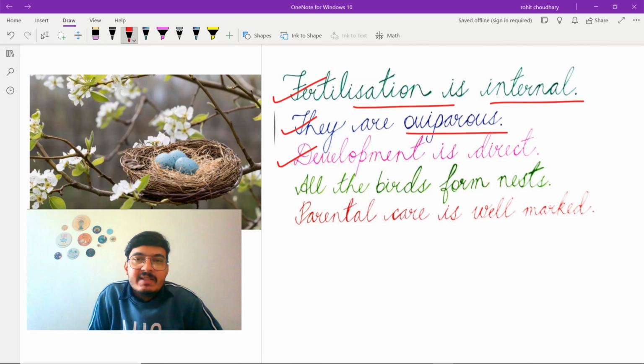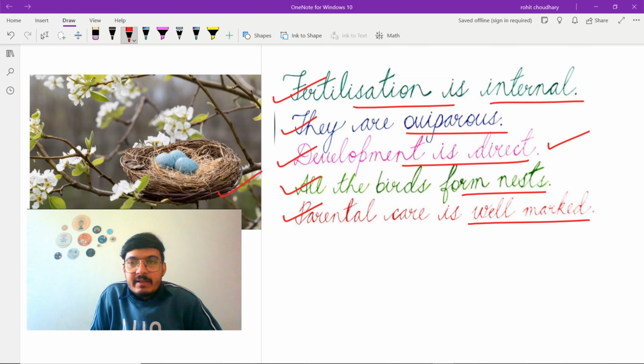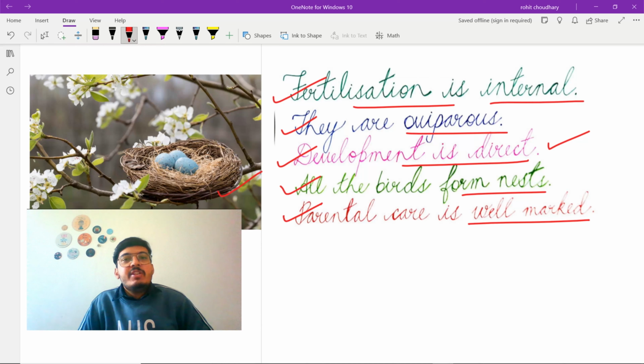The next feature is that development is direct, as there are no larval stages involved. All birds form nests. Parental care is well marked. Some interesting behaviors are found in them, such as nest building, parental care, courtship, and communication by songs or calls.